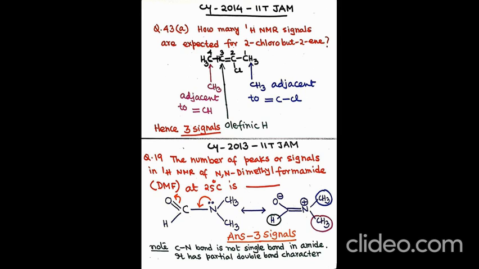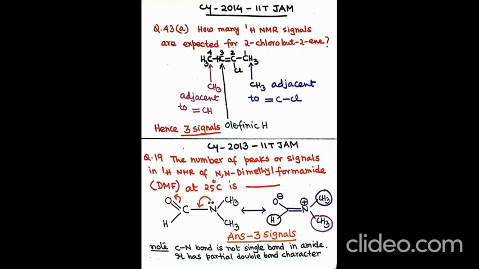Another CH3 is the C4 that is attached to the sp2 hybridized carbon CH, and the CH itself is an olefinic hydrogen. So one CH3 at C1, another CH3 at C4, and the olefinic hydrogen CH is the 3rd. So these are the 3 environments. Therefore 1H NMR of 2-chlorobut-2-ene will give 3 signals.